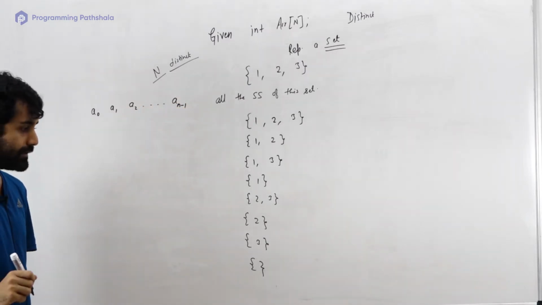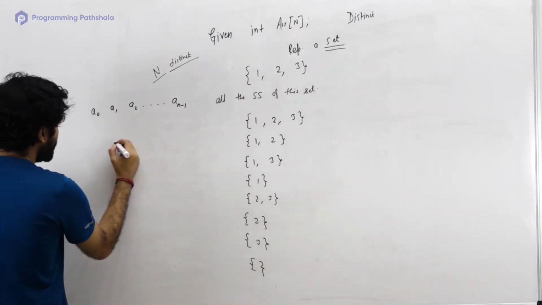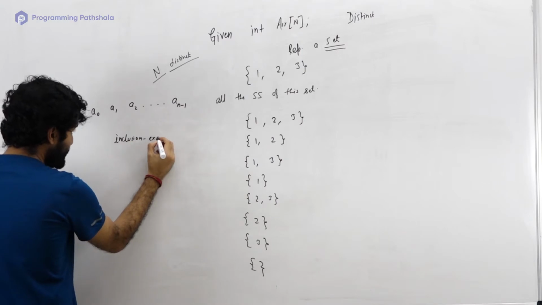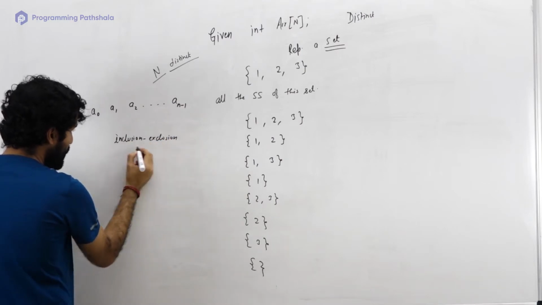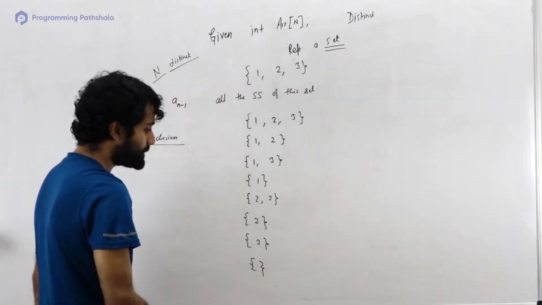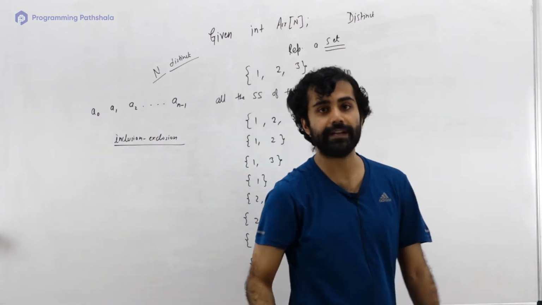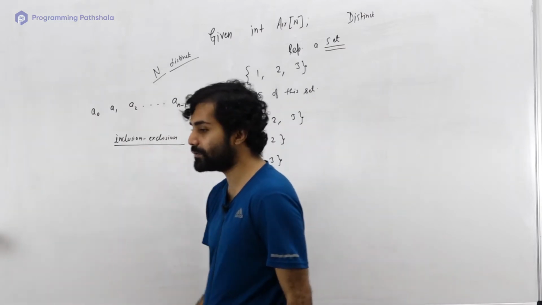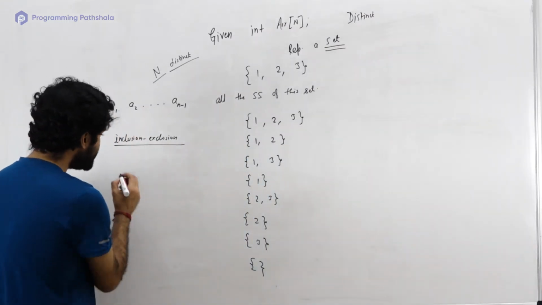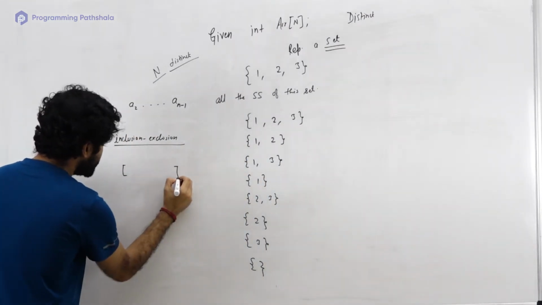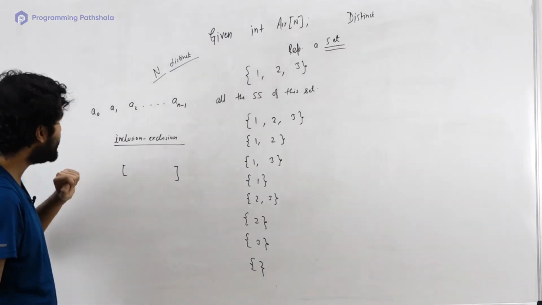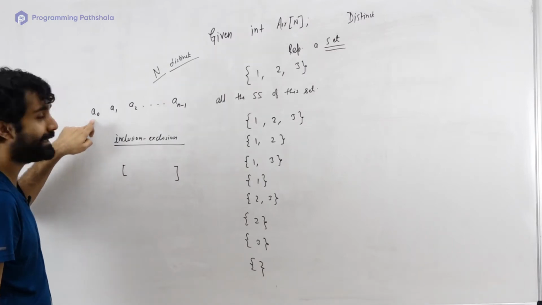Now, think in the manner of inclusion exclusion. This helps a lot in solving problems where you have to generate all the combinations and things like those. What I mean by inclusion exclusion is, let's say I generate this much space, and then I try to make a decision for any element.